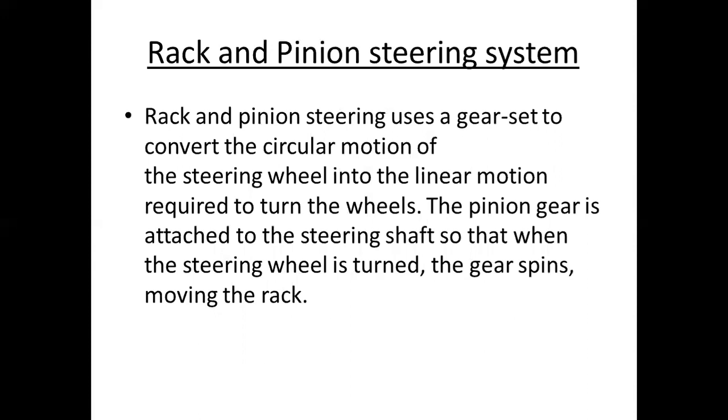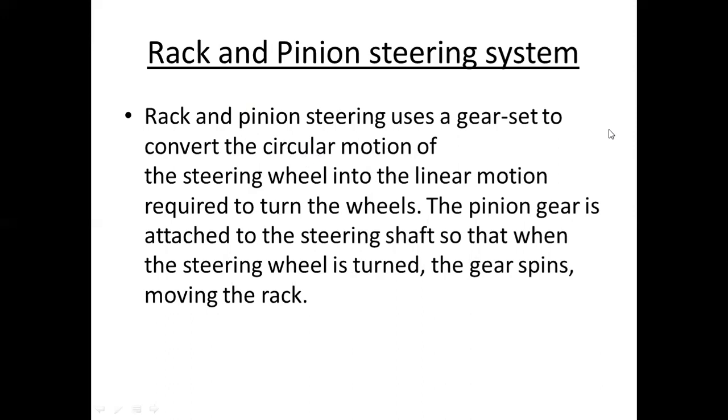Rack and pinion steering uses a gear set to convert the circular motion, meaning rotational motion, of the steering wheel into linear motion. This is a very important thing. We are converting circular motion to the linear motion required to turn the wheel.